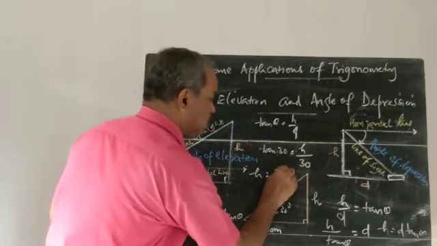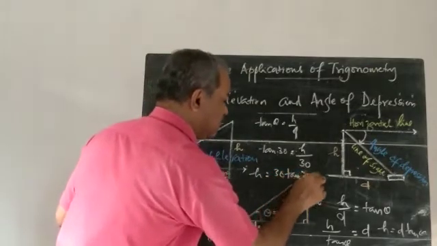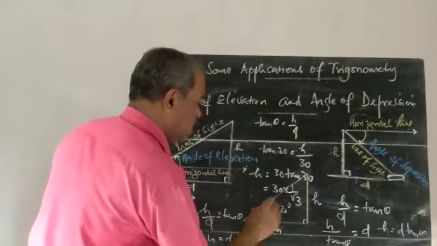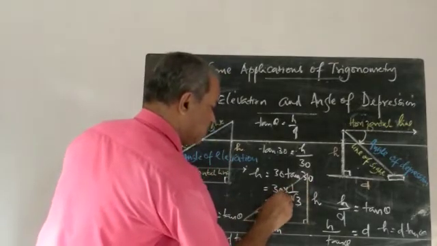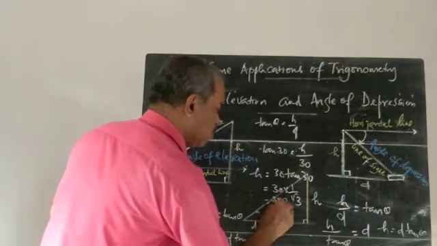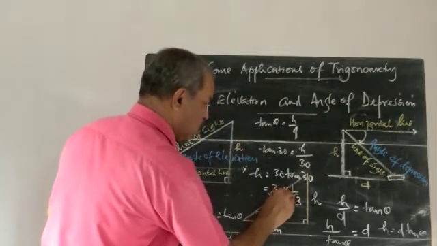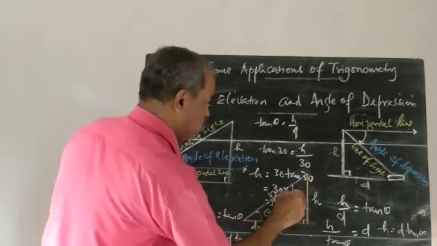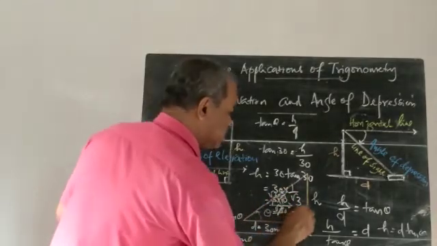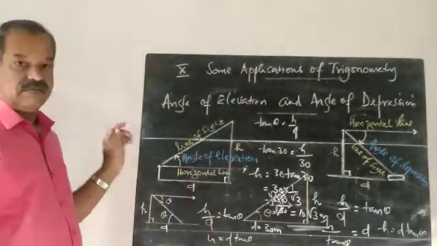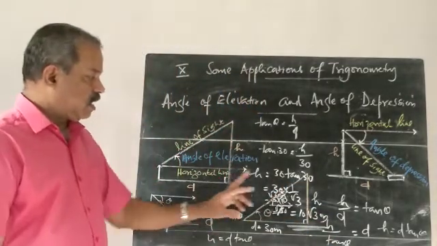H equals 30 tan 30, which is 30 into 1 by root 3, equal to 10 into 3 by root 3. 3 can be written as root 3 into root 3, so one root 3 cancels. The answer is 10 root 3 meters. This is the way we calculate the height.